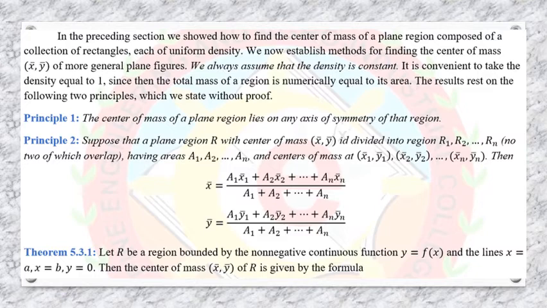Principle 1: the center of mass of a plane region lies on any axis of symmetry of that region. In Principle 2, class, suppose that a plane region R with center of mass (x bar, y bar) is divided into regions R sub 1 to R sub n, no two of which overlap, having areas A sub 1, A sub 2 to A sub n, and centers of mass at (x bar sub 1, y bar sub 1) up to (x bar sub n, y bar sub n), then ang magiging x bar natin is, eto siya.